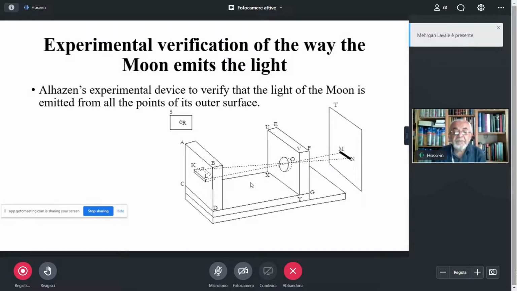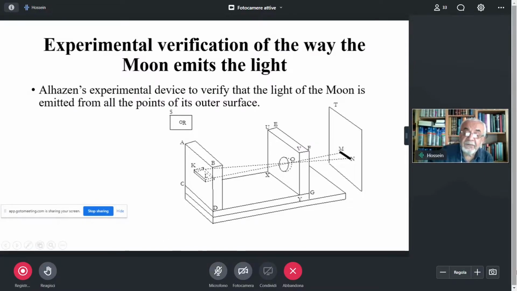To show that the moon is a secondary source of light, Ibn al-Haytham devises an experimental apparatus which is shown here. I am not going into the detail of this question. Anyway, for lack of time, this is the device by which he shows that the light we receive from the moon comes from every point of the moon and in every direction.